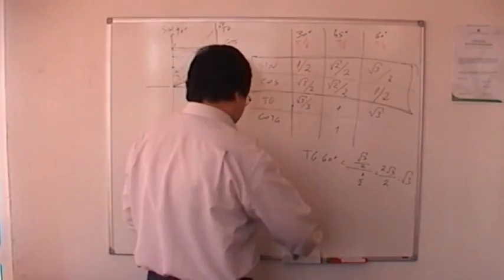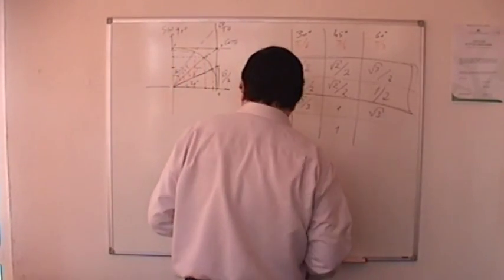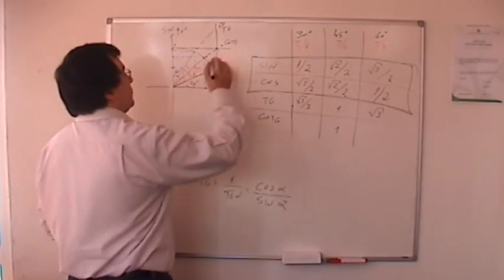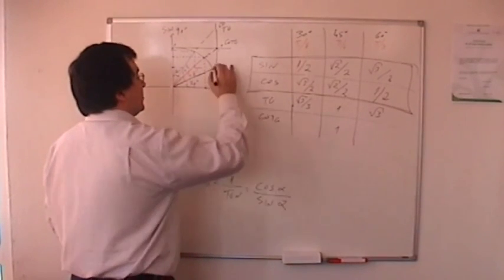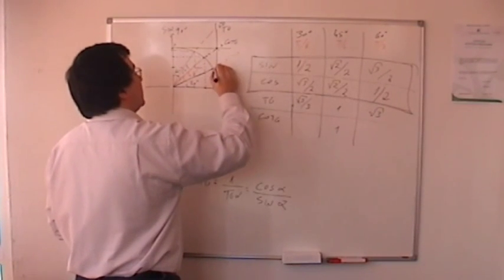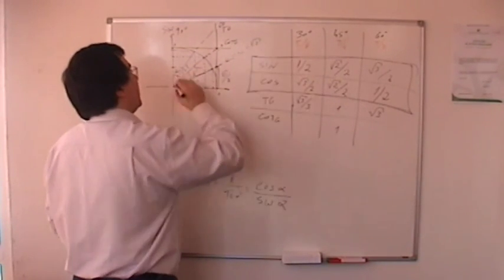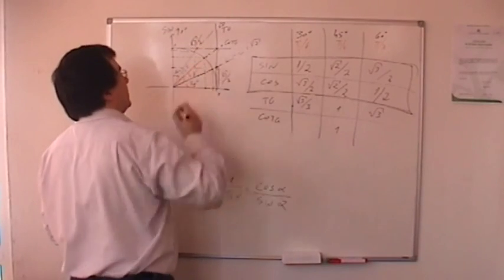Now, cotangent. Because it's the inverse of tangent, we find that the cotangent for 30 degrees will be square root of 3, and for 60 degrees will be square root of 3 over 3.